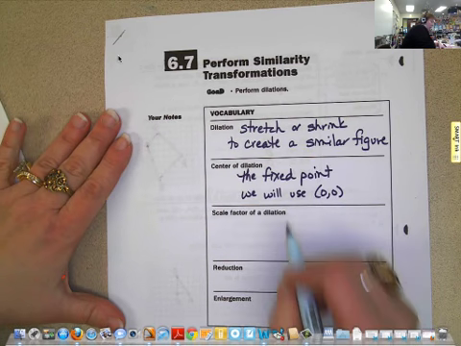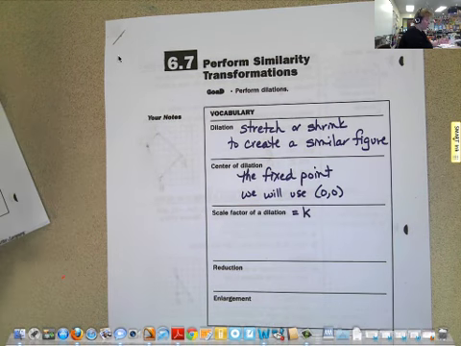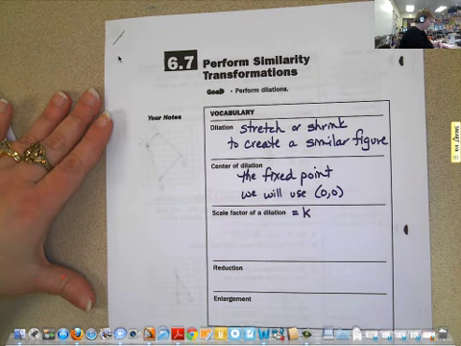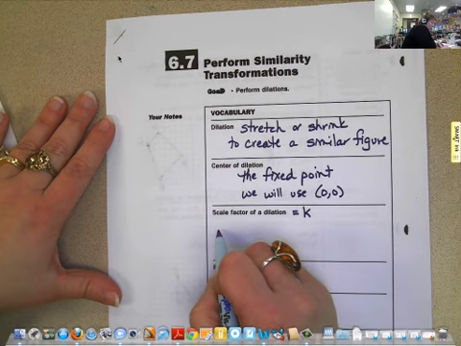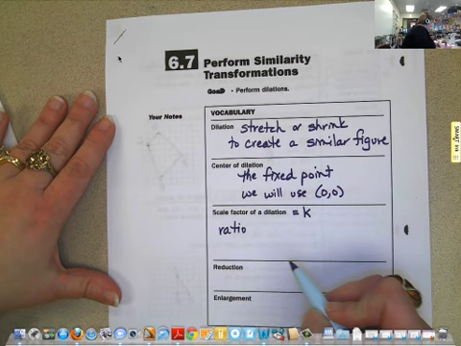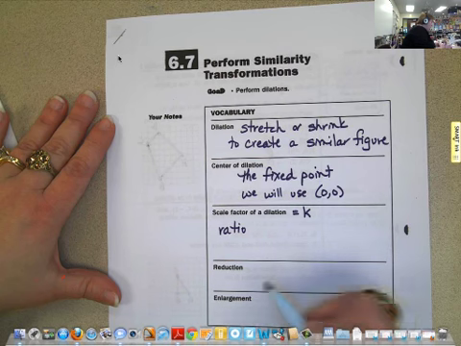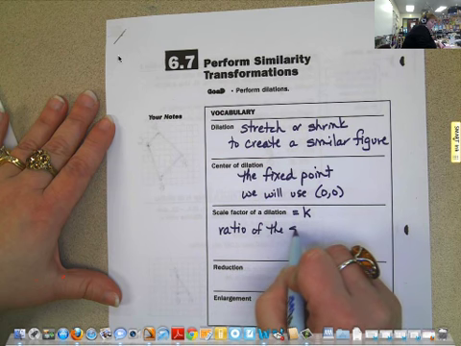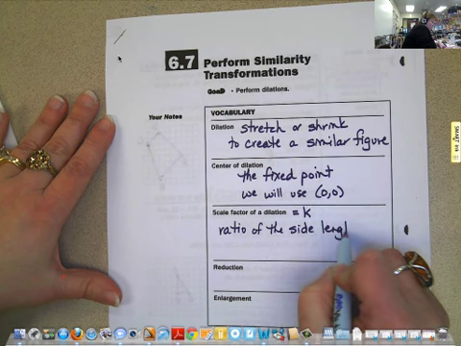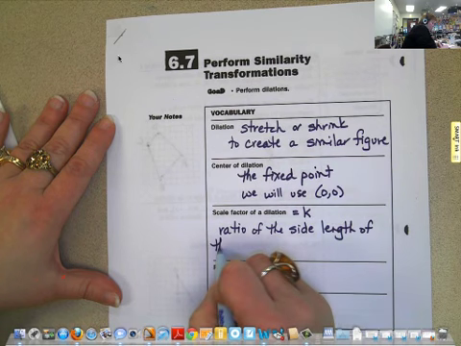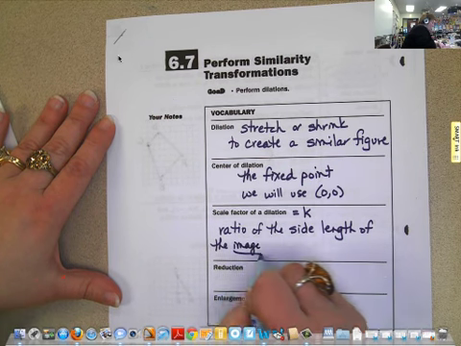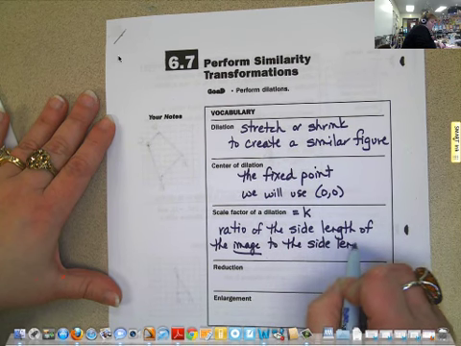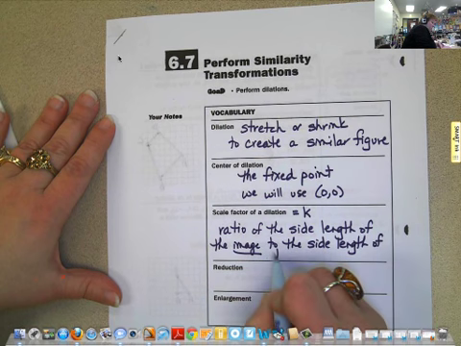The scale factor of the dilation, we mathematicians agree to use k for scale factor, kind of like m for slope, and k is scale factor. The scale factor is the ratio of side length of the image to the side length of the original.